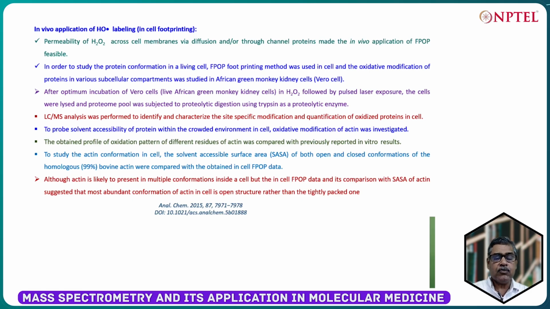So, in order to study protein conformation in a living cell, the FPOP footprinting method was used in cell, and oxidative modification of protein in various subcellular compartments was studied in African green monkey kidney cell, which is called Vero cell.